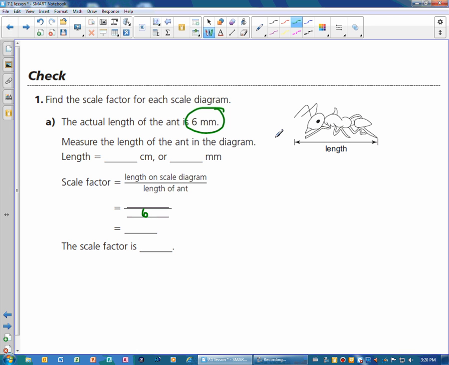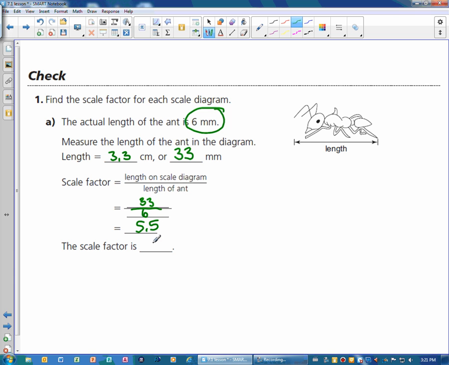I'm measuring it right now. I get roughly 33. So it's 33 millimeters, which is 3.3 centimeters. Not important, but it's there. So 33 divided by 6, that's what this line is, is 5.5.